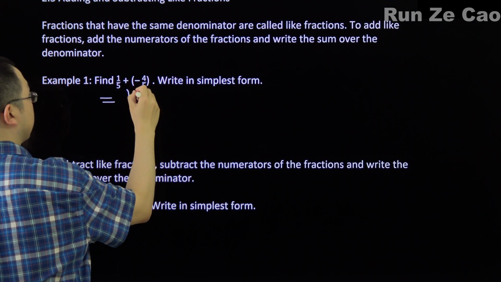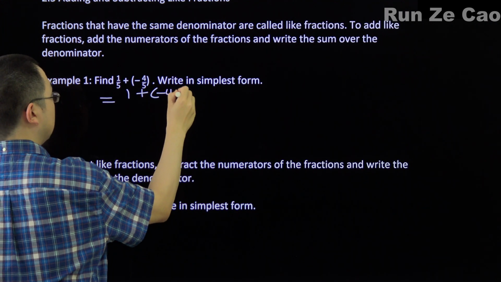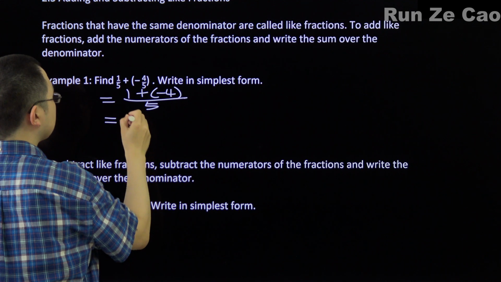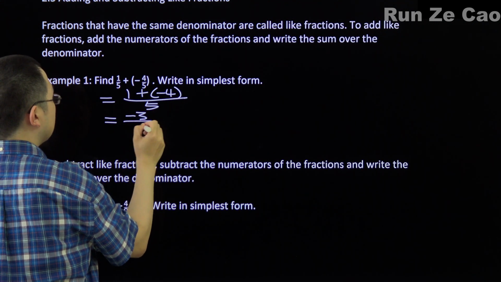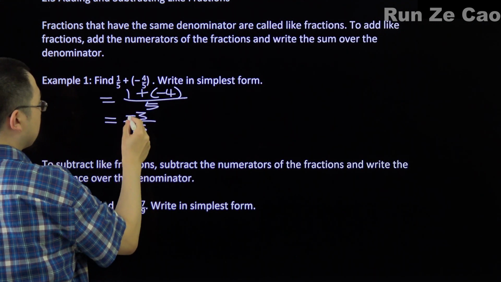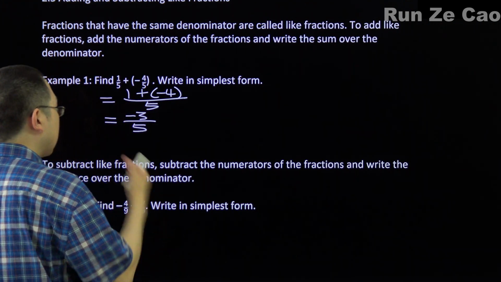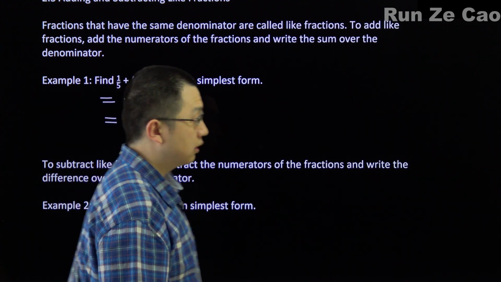This is 1 plus -4 over 5. In other words, -3 over 5. Or you can write the negative symbol in front of the thing for -3/5.